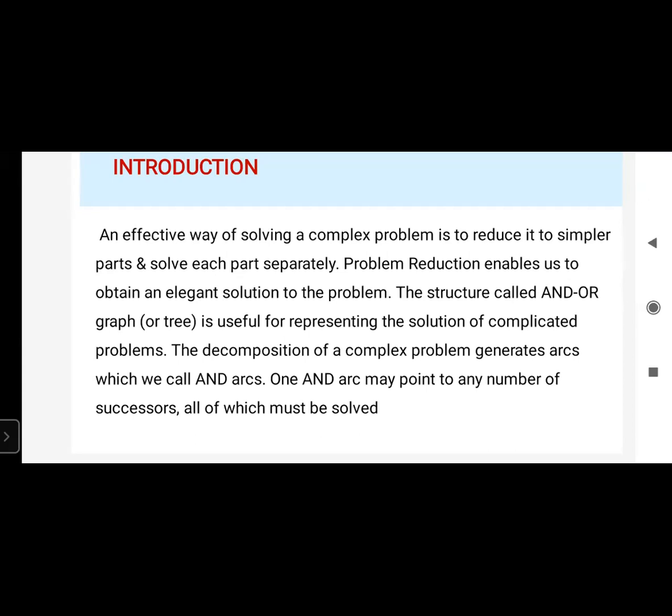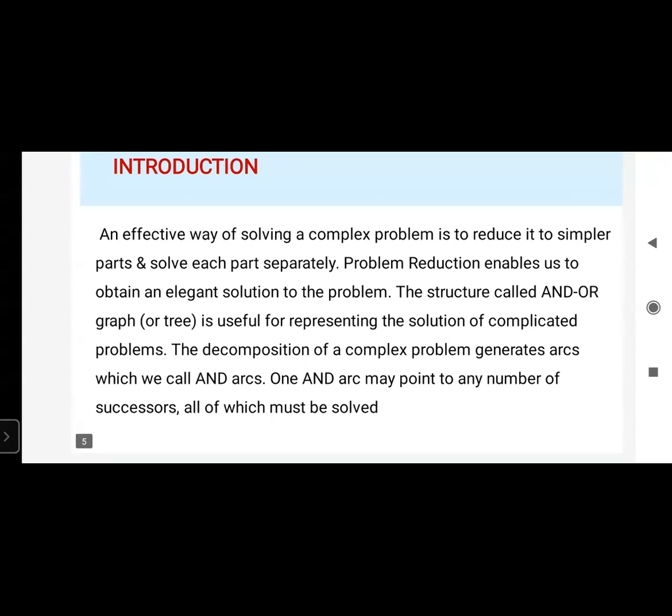So whenever we have to solve complicated problems, we need to use AND/OR graphs for representing the solution. The decomposition of a particular problem generates arcs, which we call AND arcs. One AND arc may point to any number of successors, and all those should be solved.